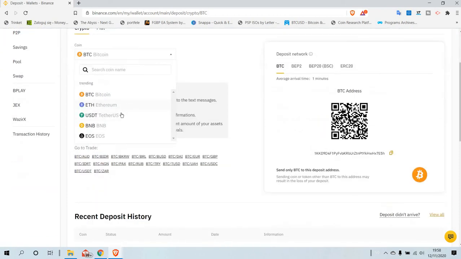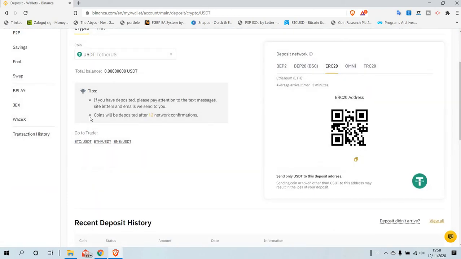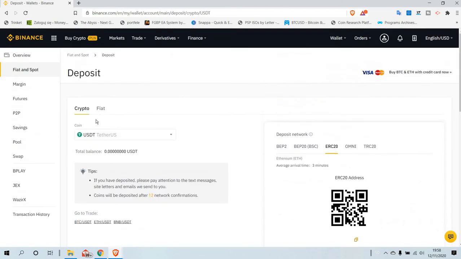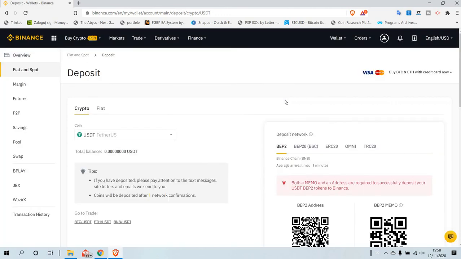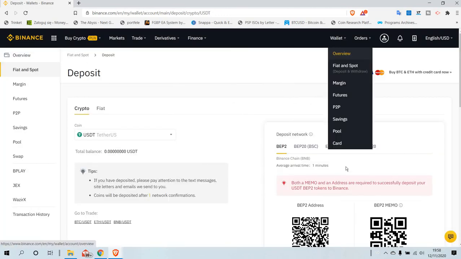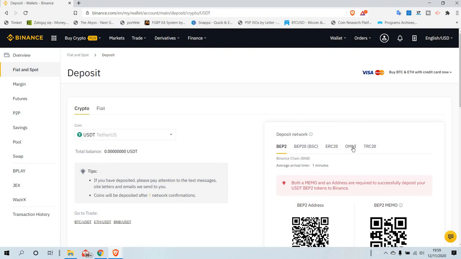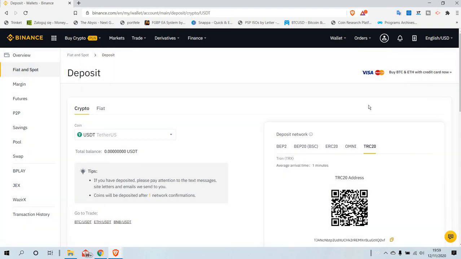I would like to show you one thing which is pretty important. When you are using USDT, that's Tether, a stable coin which is pegged to the United States dollar, this coin actually uses 5 different blockchains, so you can use it on BEP2, BEP20, ERC20 which is Ethereum, Omni, and TRC20 which is Tron.